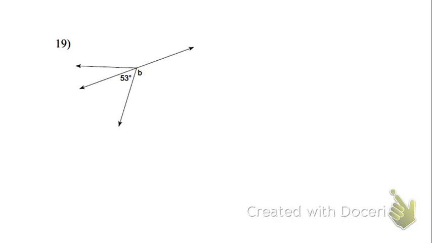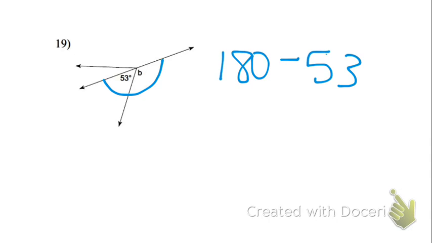So this one doing the same thing, but instead of equaling to 90, these are on a straight angle, so this equals 180. So 180 minus 53. And that gives you 127.